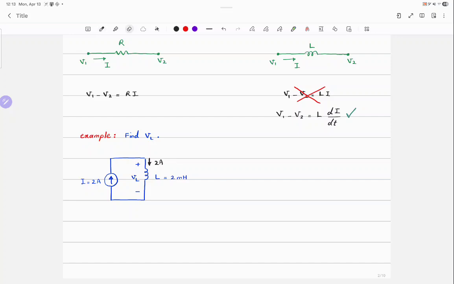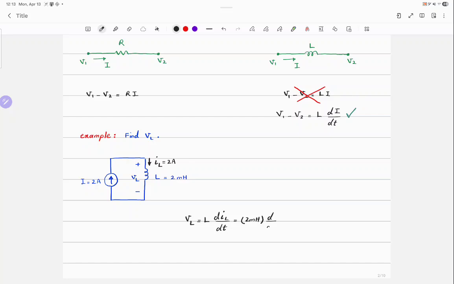So let me write it as IL is equal to 2 amps. Now, VL is equal to, what's the equation for the inductor? L dIL over dt. The L is 2 millihenry.